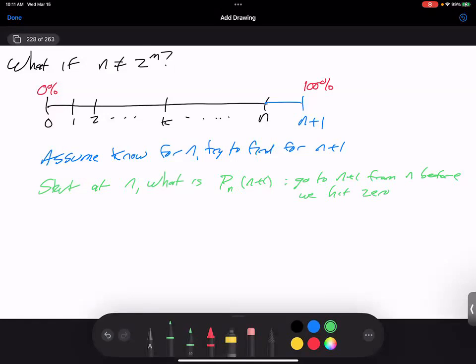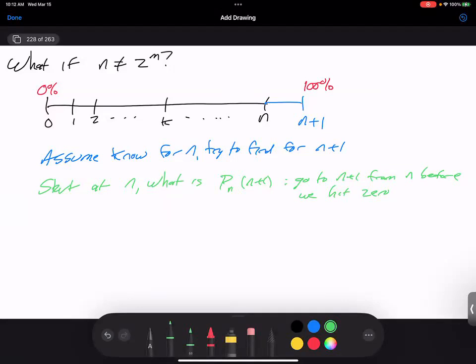And again, my subscript was where I start, and the argument is how many points I have. So can somebody tell me one way, if I'm starting at n, that I might hit n plus 1 before I hit 0?